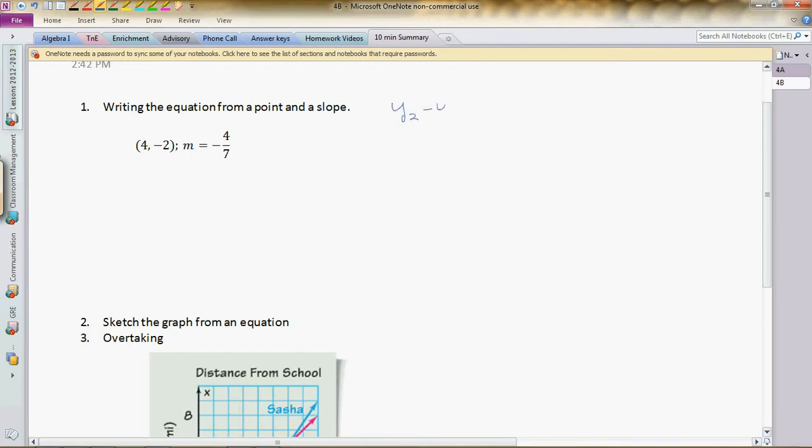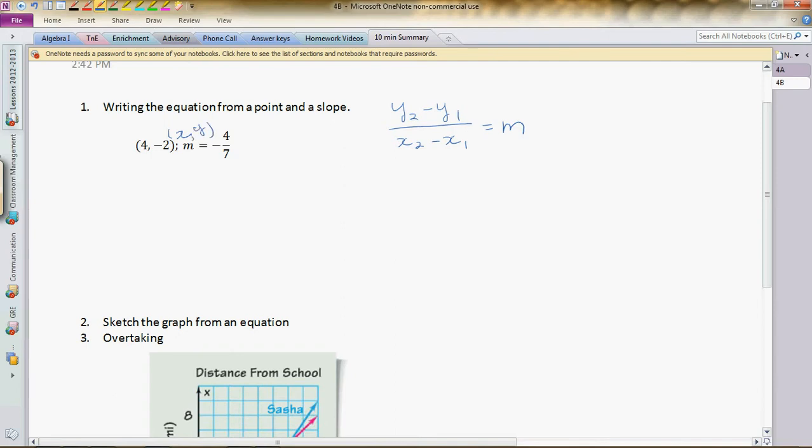And we know that from our slope formula, we know that if we have 2 points, we have y sub 2 minus y sub 1 over x sub 2 minus x sub 1 equals the slope. So in this case, we only have one point here, so we're going to use another generic form, which is x and y. So we'll do the same thing.